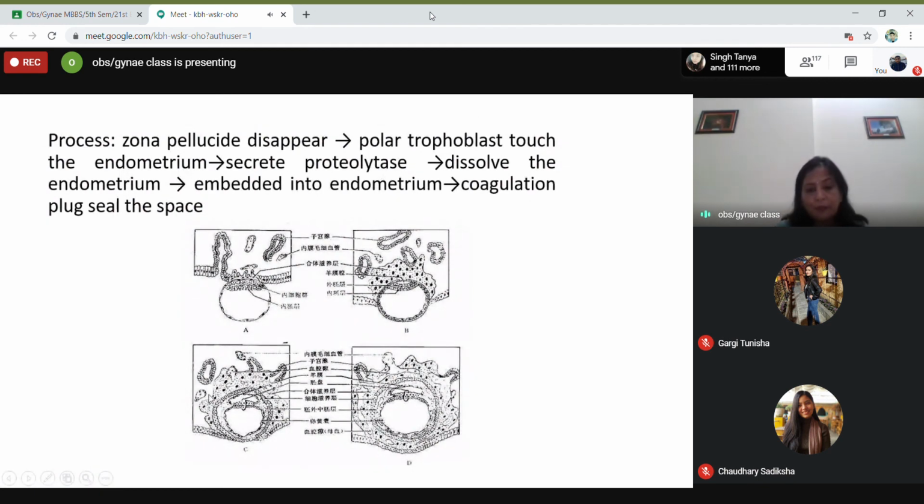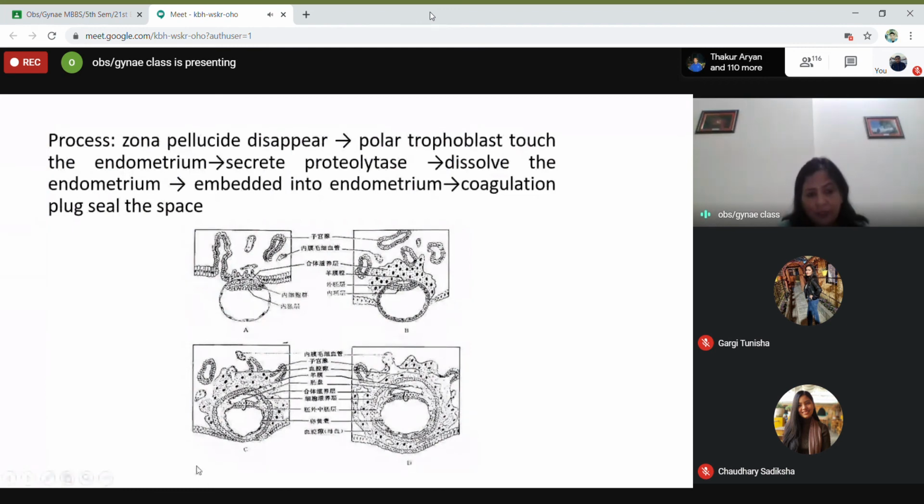The zona pellucida and the polar trophoblast touch the endometrium. As the polar trophoblast touches the endometrium, the zona pellucida will disappear, and it secretes proteolytic enzymes, which dissolve the corona radiata, and there will be dissolution of the endometrium, and the blastocyst will embed into the endometrium.